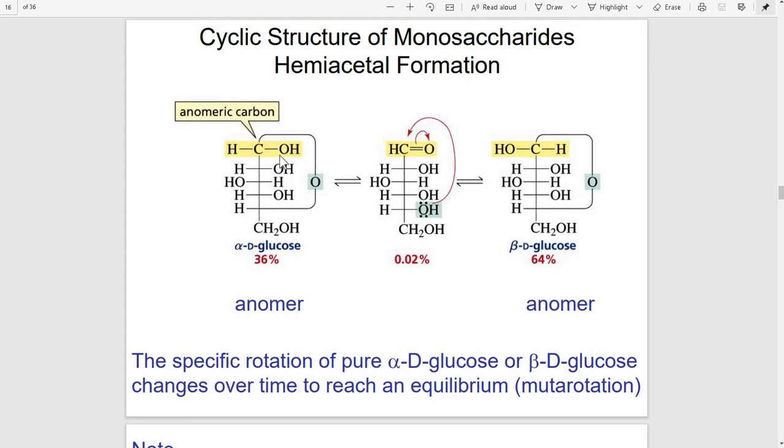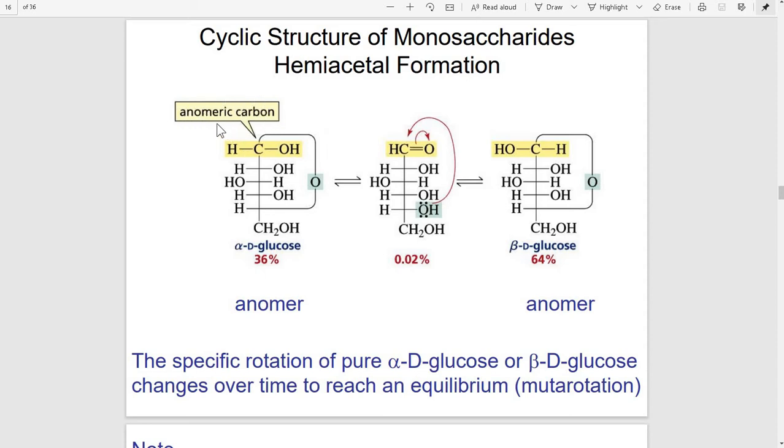Two six-membered cyclic compounds because of this OH. Here this OH is right hand side and here this OH is left hand side. When the lone pair attacks the carbon atom, we form a closed structure, means cyclic structure, and that's why we are having anomeric carbon.